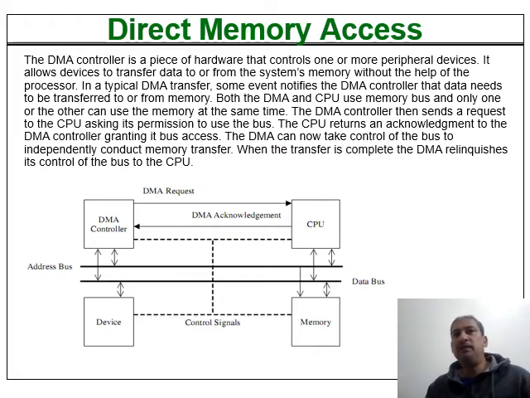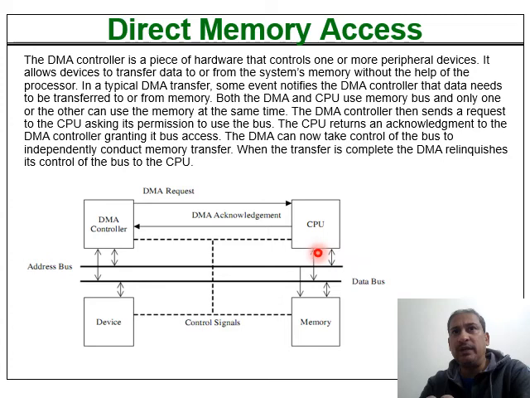Now, if the DMA controller has to transfer bulk data between the IO device and the memory, it will perform this using the bus. But there is a single bus. Either the CPU can use it or the DMA controller can use it. So what happens is the DMA controller has to request the CPU for the control of the bus. This is done with the help of a DMA request.